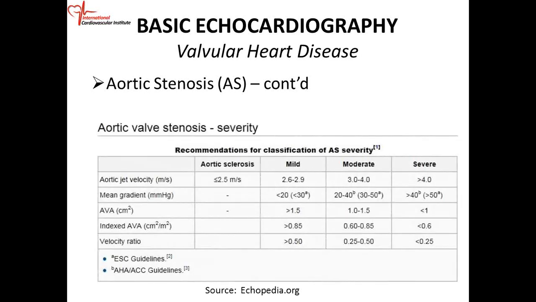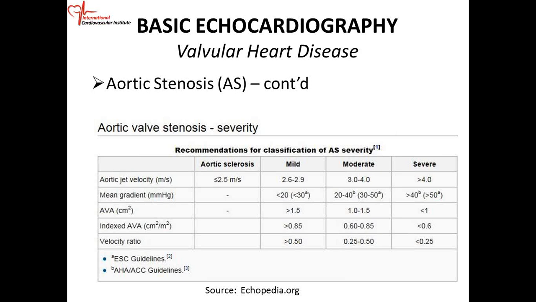We go over all this exercise to come up with a velocity, a valve area, mean gradient, and index. So we have to put this into some sort of perspective: mild, moderate, severe. For severe aortic stenosis, the aortic valve jet is usually greater than 4 meters per second.